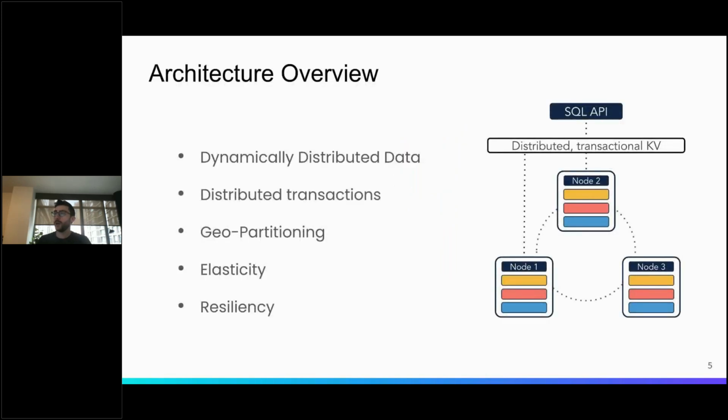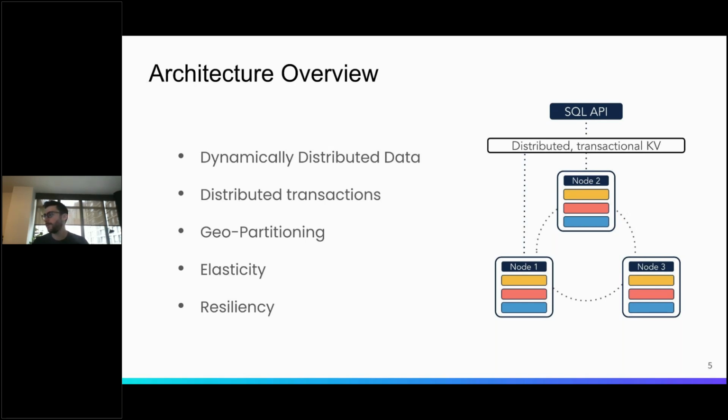So here's a quick introduction to Cockroach's architecture. Cockroach is a dynamically distributed transactional key value database with a SQL layer layered on top. So the system distributes data based on application patterns and data accesses, and it then layers strongly consistent serializable transactions on top of a distributed key value store.